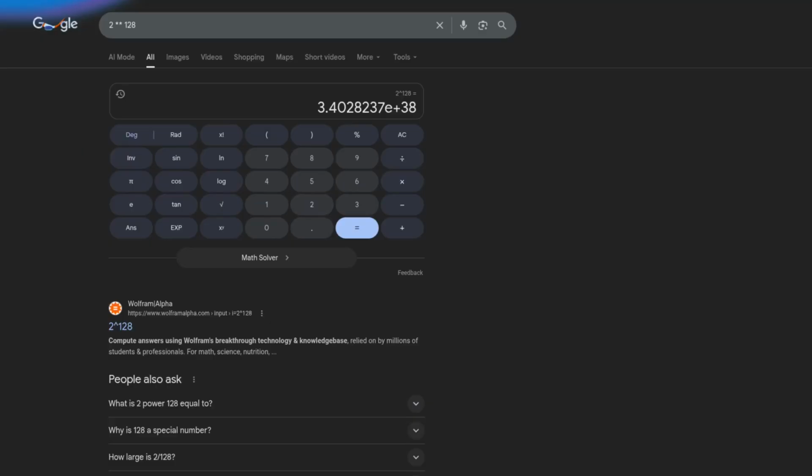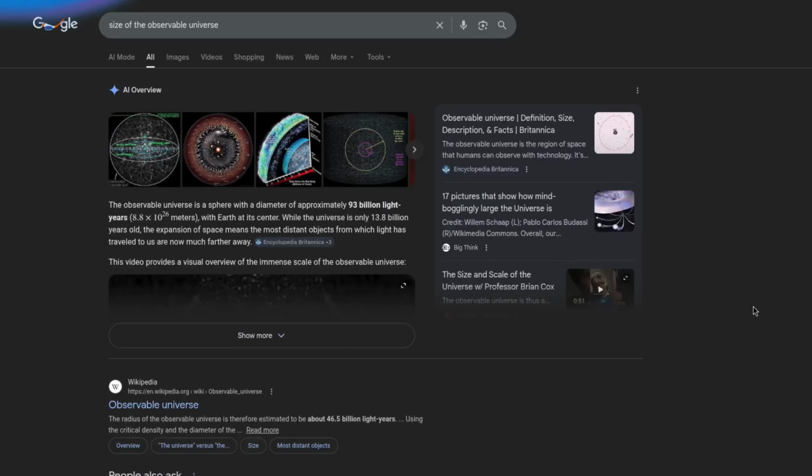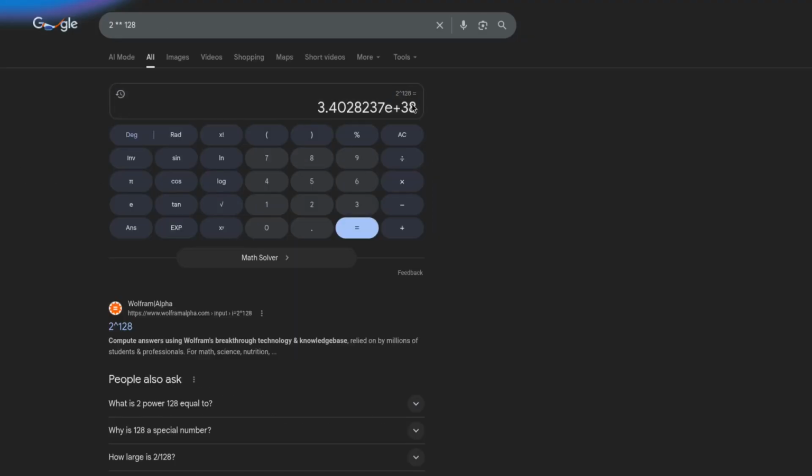So just to put that into perspective, the observable universe is 8.8 times 10 to the 26 meters in diameter. That means that if we take this number of cells and multiply it by 2000, because each cell is 2000 meters, that's going to get us roughly 6.8 times 10 to the 41, or 15 orders of magnitude larger than the observable universe.